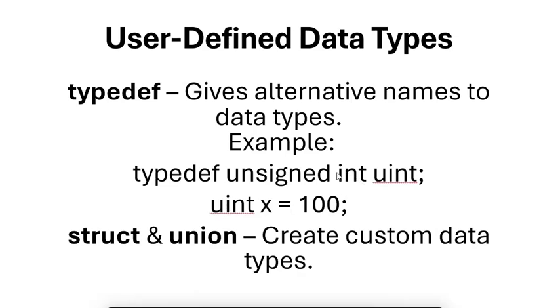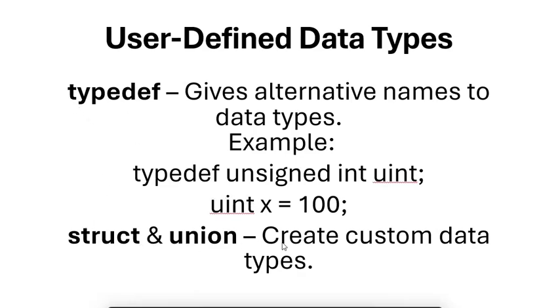Here int is the data type, but the alternative name is uint. The typedef gives the alternative name to the data type, that is uint, x is equal to 100. Here uint is a typedef data type.